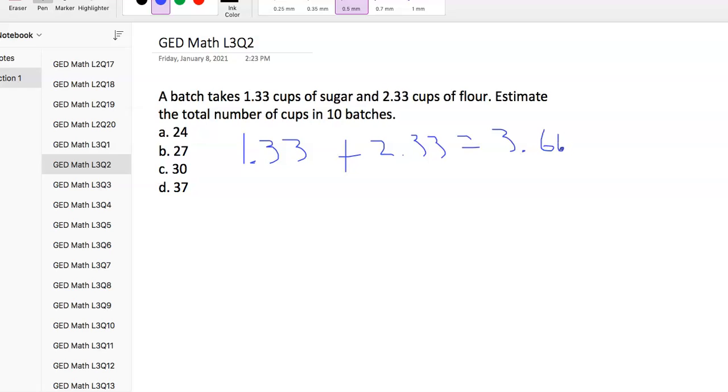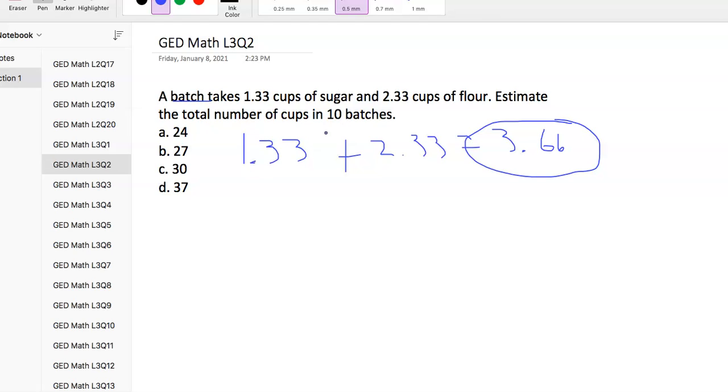Okay, and that's how many cups we have in one batch. So it can be confusing because you're getting cups from both the sugar and the flour, right? But that's what a batch is, right? So a batch is this 1.33 plus 2.33.